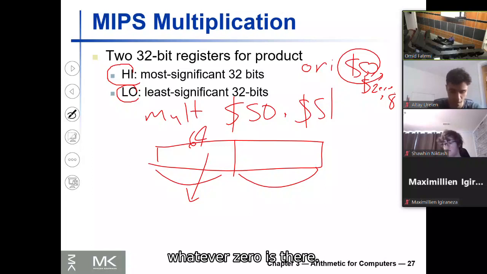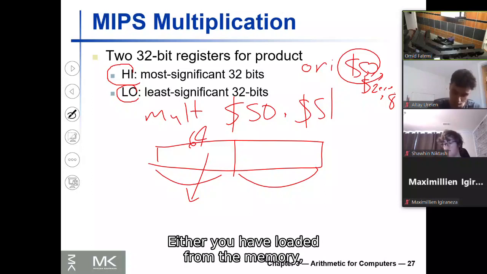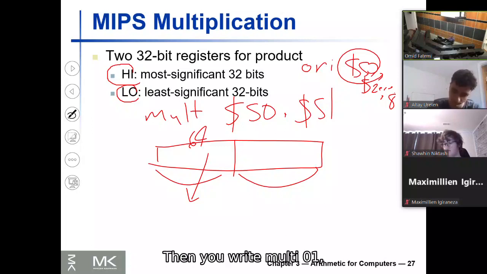So whatever S0 is, it is there. S0 is a 32-bit register. So either you have calculated it, or you have loaded 32 bits from memory, so it is there. Then you write mult S0, S1. The result will be 64 bits.